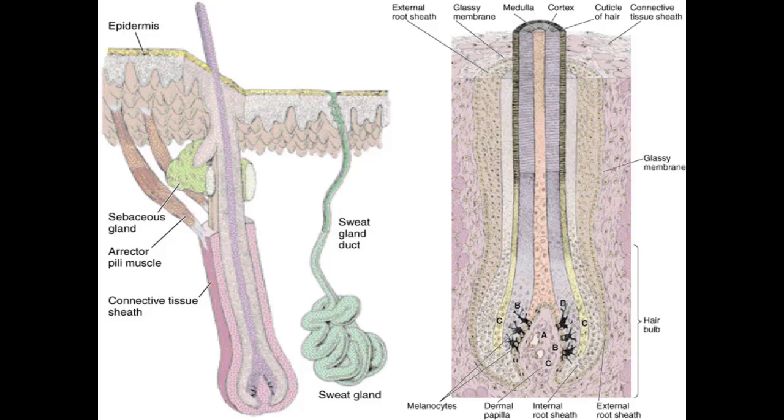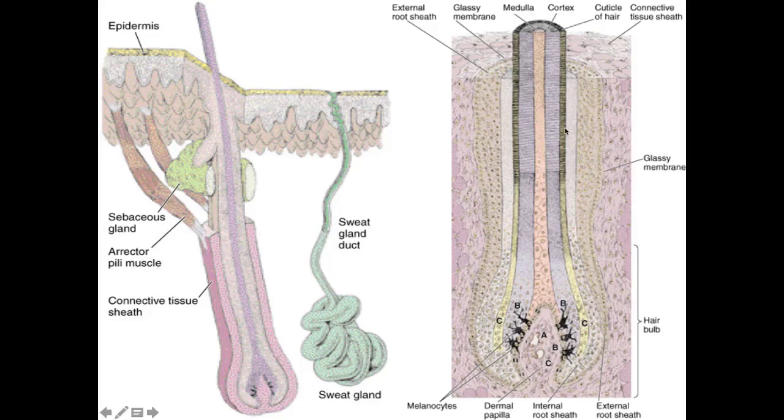It is made by keratinocytes filled with keratin, and then the second layer is the cortex, which is located peripherally to the medulla, and it contains cuboidal cells which undergo differentiation into mature cells filled with hard keratin.